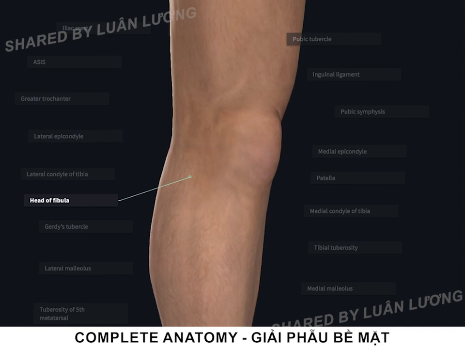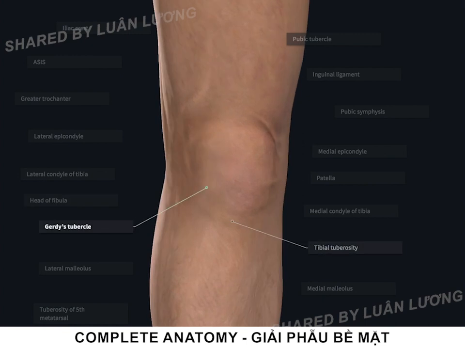They can also palpate Gerdy's tubercle, typically along the lateral aspect of the knee, as well as the tibial tuberosity. The tibial tuberosity is going to be the distal attachment of the patellar tendon or ligament that is going to attach from the patella down to the tibia.